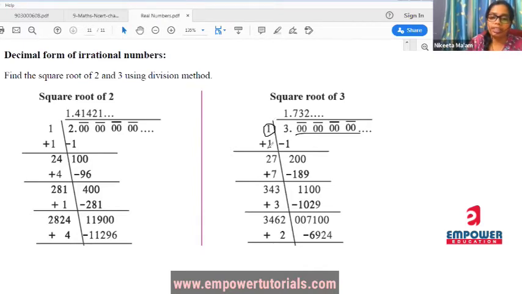So I'm going to multiply 1 into 1, so it is 1 only. So I will write 1 over here since I'm multiplying it by 1. Then 1 plus 1 will be 2. You have to make this place vacant. So 3 minus 1 will be 2, and then I will take the second set of zeros. Since there is a decimal after 3, I'm going to add a decimal over here.